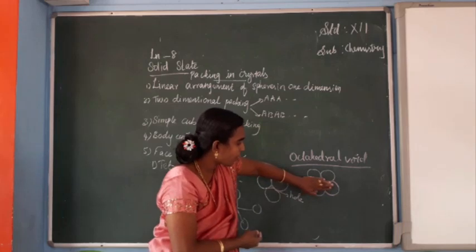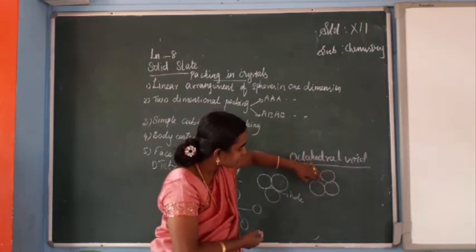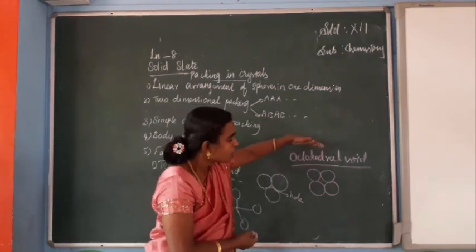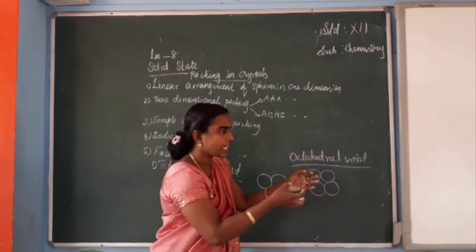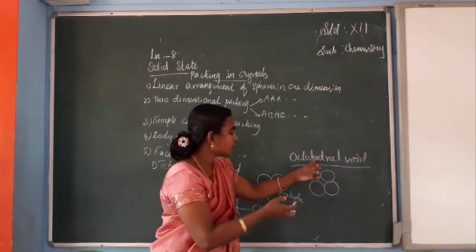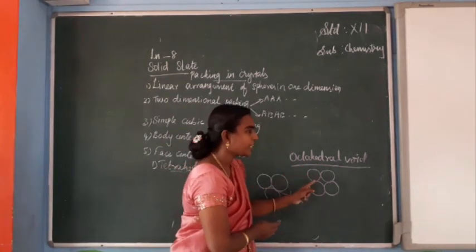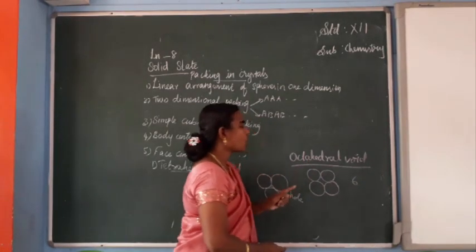At the top of this void, and below it from the back side of the board, you can consider like this. From that direction also one more sphere is there, in both directions. This void is called an octahedral void. In this void, six spheres are connected.